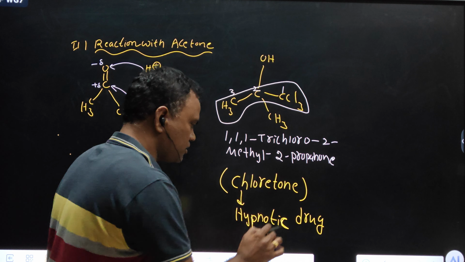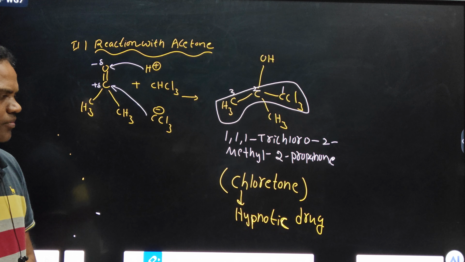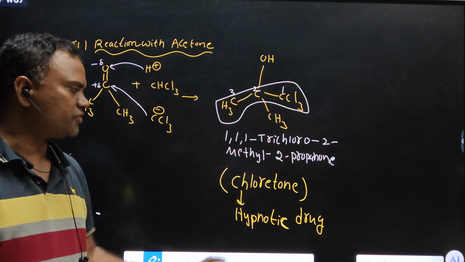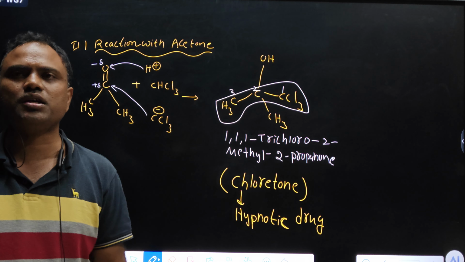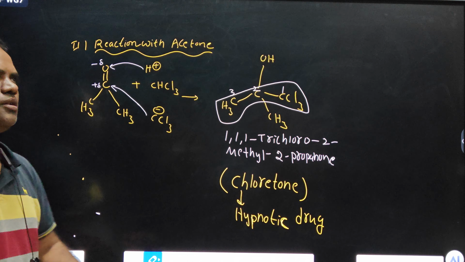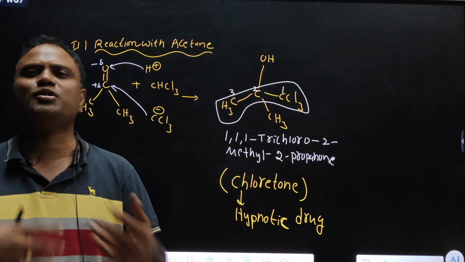They inject this drug into the criminals, and it affects the mind, the CNS, the central nervous system. The criminal goes into a trance, so he will tell all the truths.